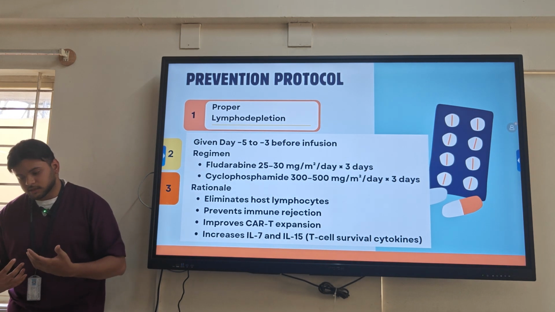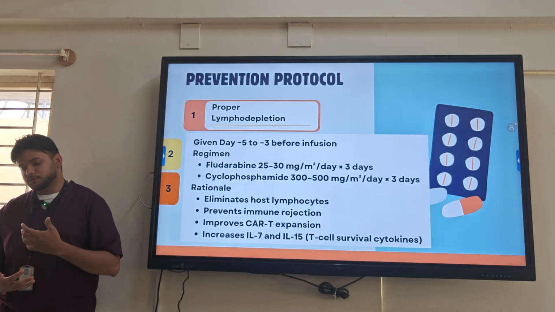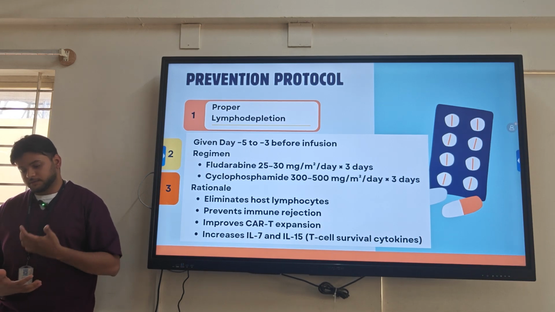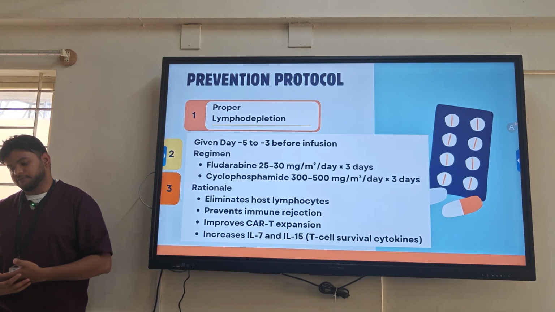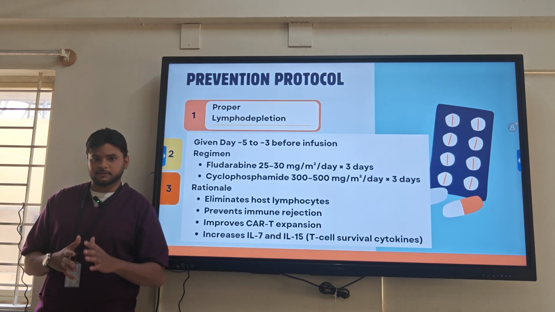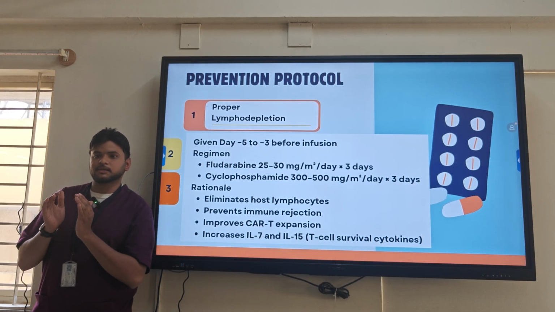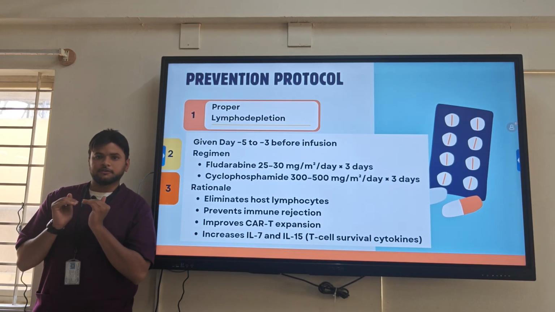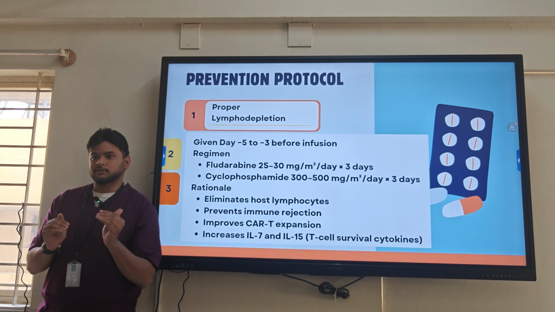What it does is eliminate the host lymphocytes, prevent immune rejection, improve CAR T cell expansion, and increase IL-7 and IL-15 T cell survival cytokines. Cytokines have a major role in this. I'll be explaining in the last few slides what the role is. Cytokines must be released in a limited count. If the count increases, it will lead to another syndrome, another sort of disease.